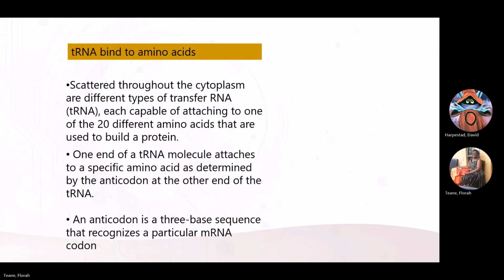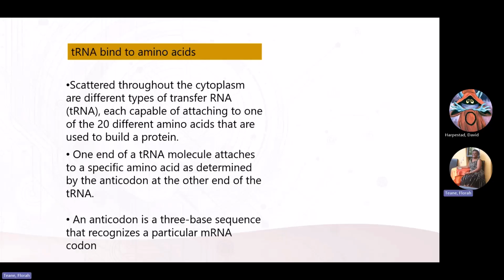Why? Because of the triplet of bases that I talked about. The triplet of bases from the messenger RNA is called the codon.